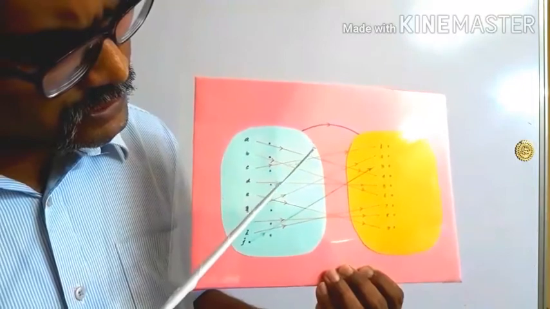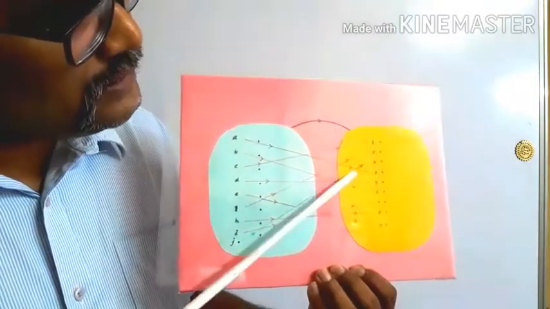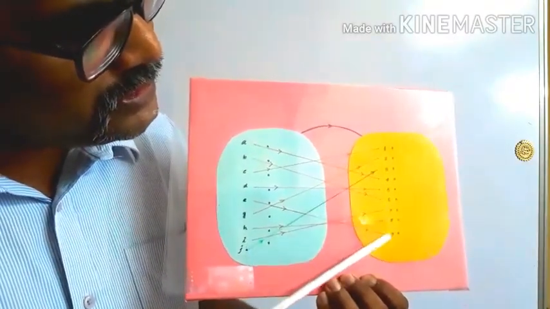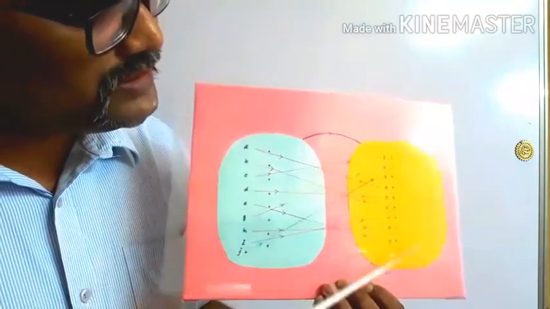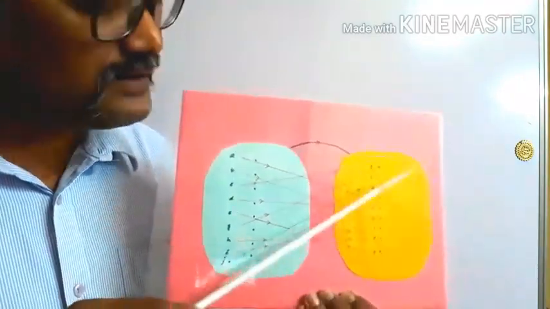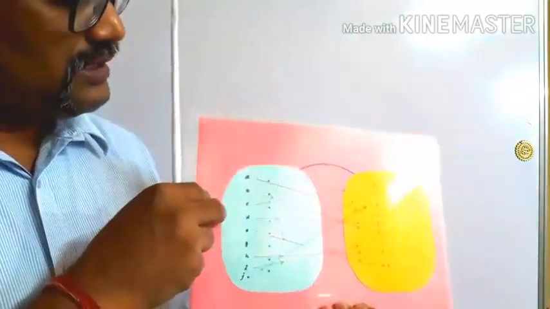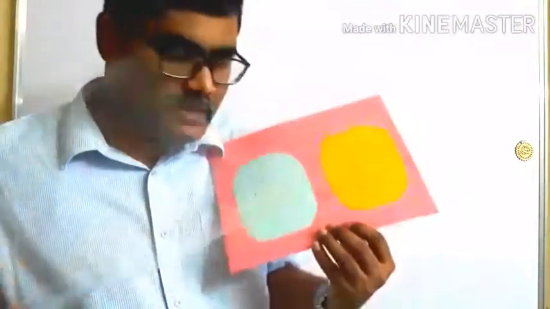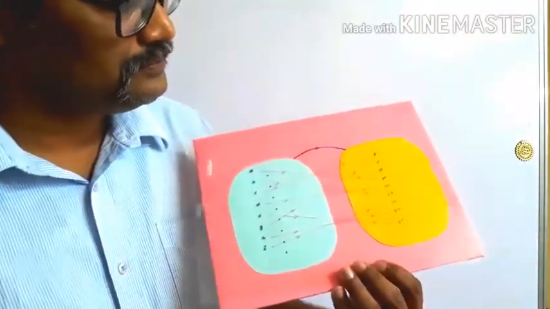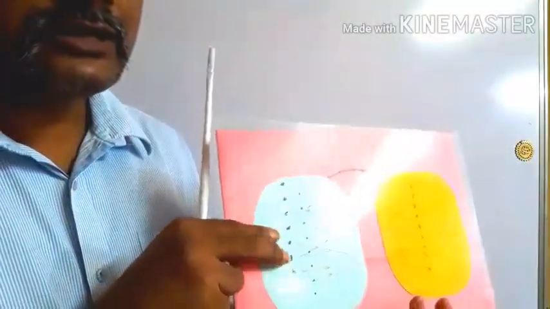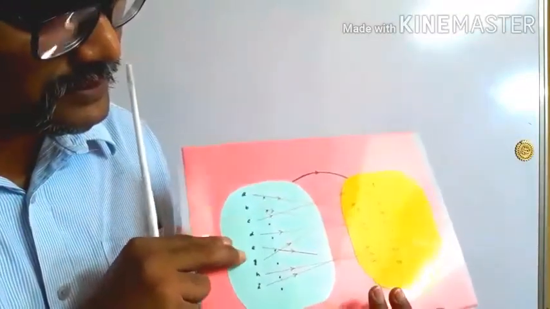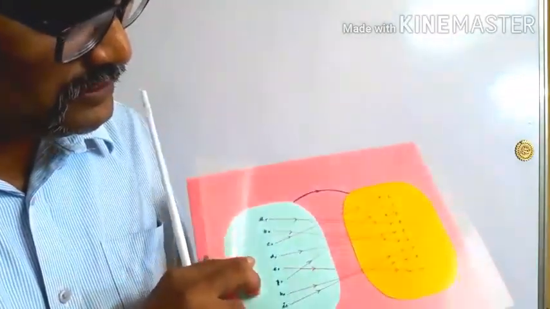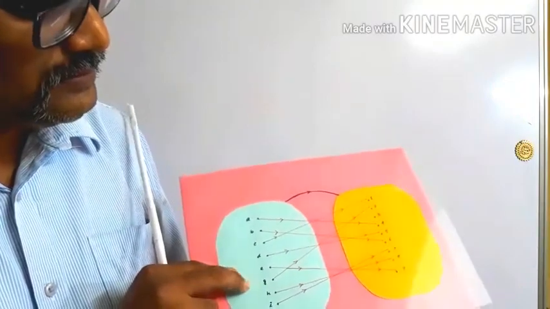Now let us see, is there any element which does not have any pre-image? No. That means this entire yellow set is going to form the range. Now I want to remove one point from here and then consider this function.